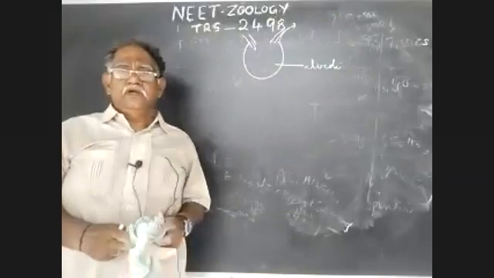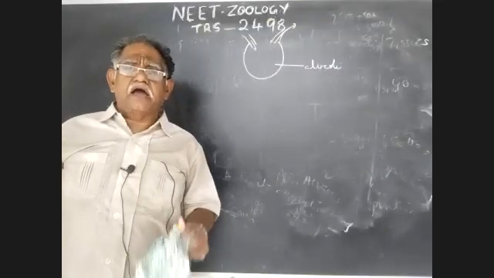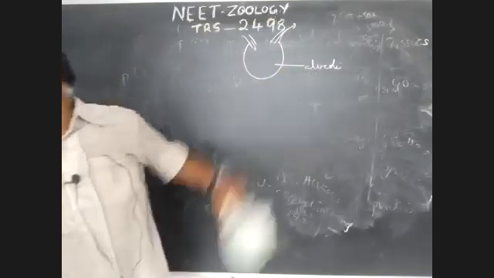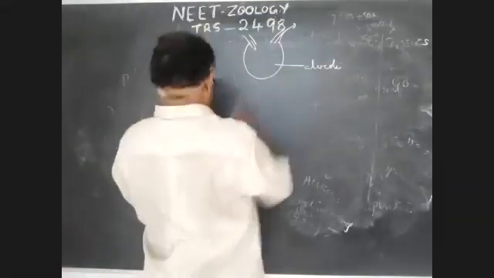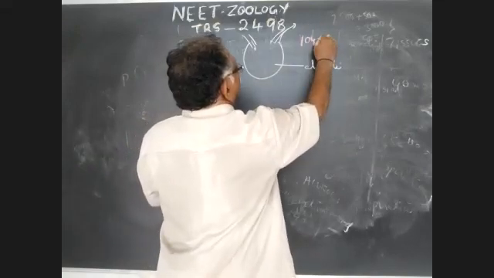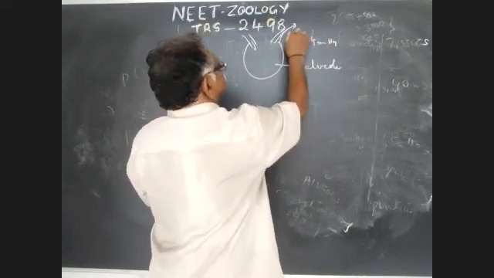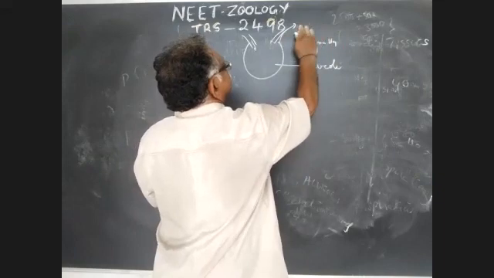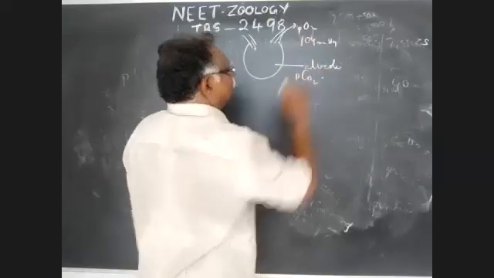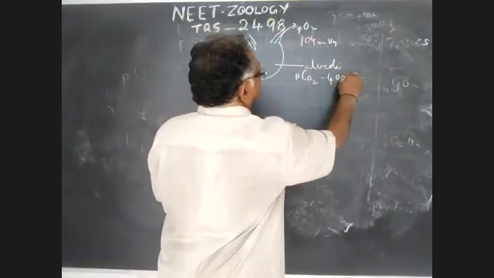So, what are the partial pressures of oxygen and carbon dioxide in alveoli? 104 mmHg. We see the table: PO2 104 and PCO2 40 mmHg.